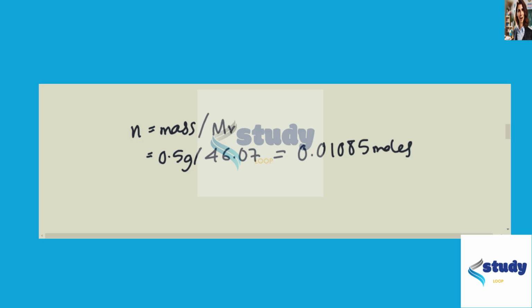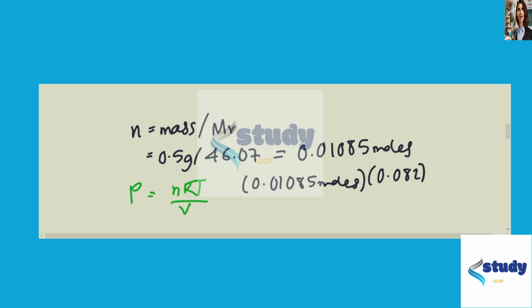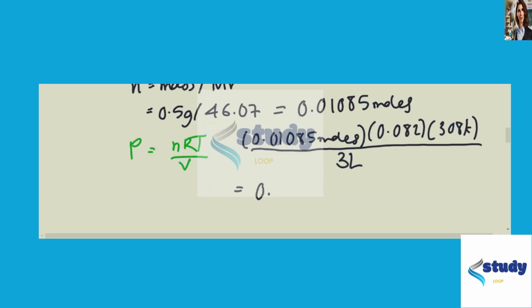And now we actually want pressure, so we can rearrange the PV equals nRT equation to get P equals nRT over V, and I'll divide that by the volume, which we know is 3 liters after the stopcock is opened, and that should give me pressure to be, using a calculator, 0.0914.